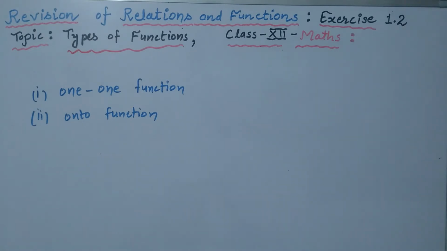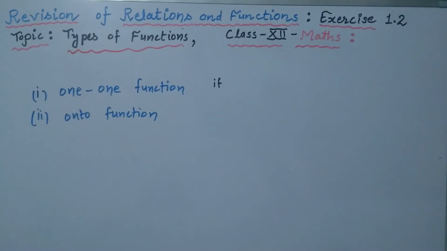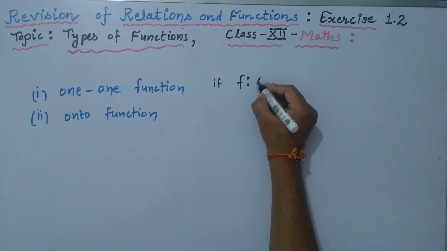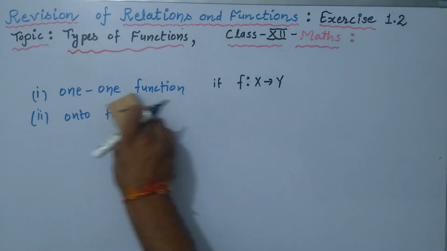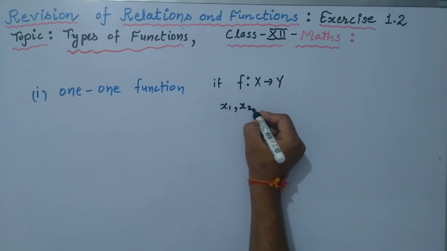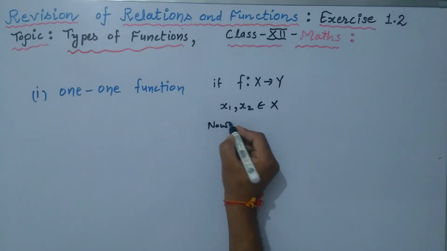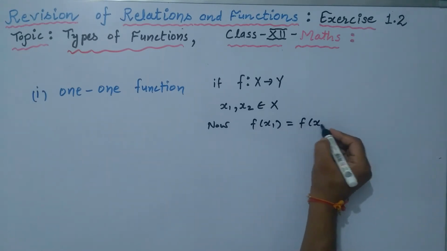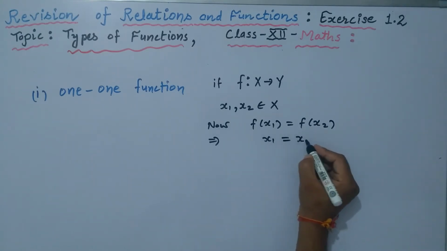Here one-one function means, if f is a function, a mapping from x to y, and if x1, x2 belong to this set x, and f of x1 is equal to f of x2, this implies x1 is also equal to x2.